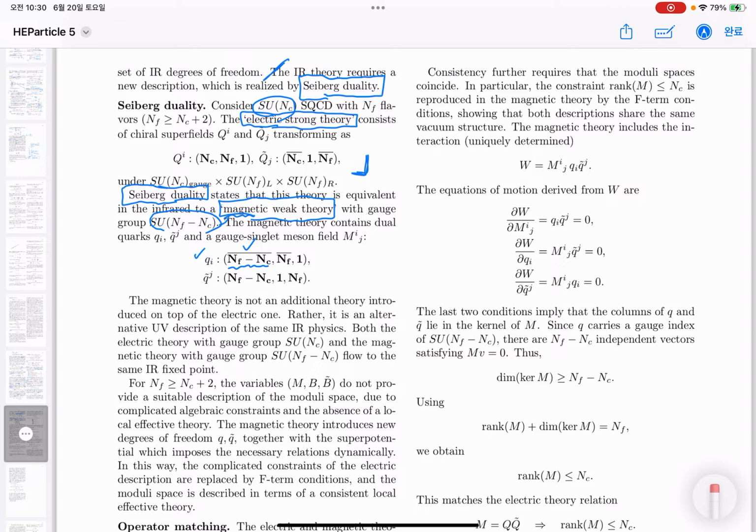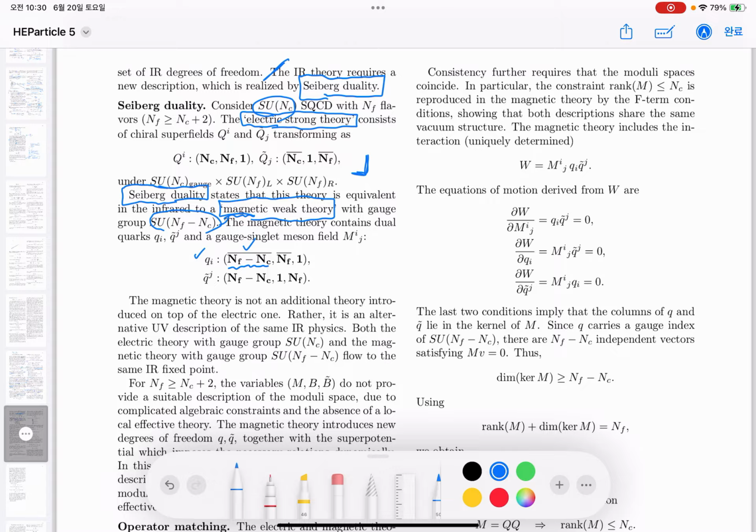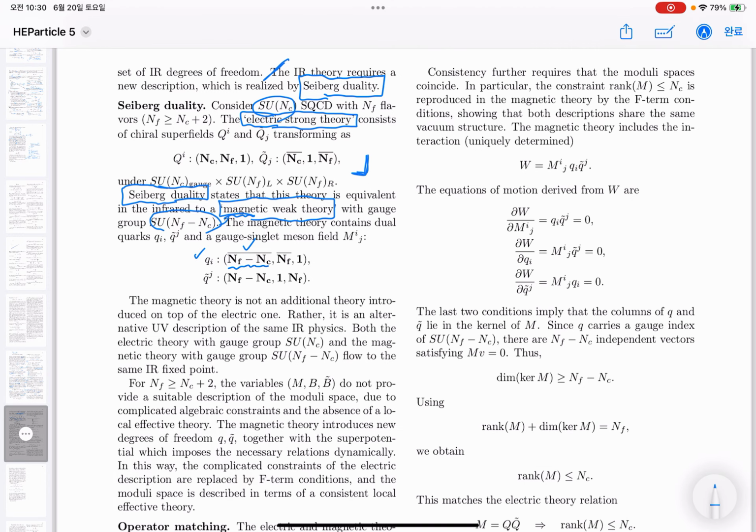Rather, it is just an alternative UV description giving the same IR physics. So there are two different UV theories, SU(N_C) for the electric strong theory and SU(N_F minus N_C) for the magnetic weak theory, and this gives the same IR physics. The RG flows eventually give the same IR fixed point.